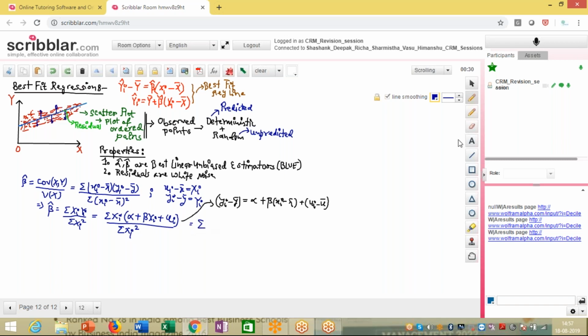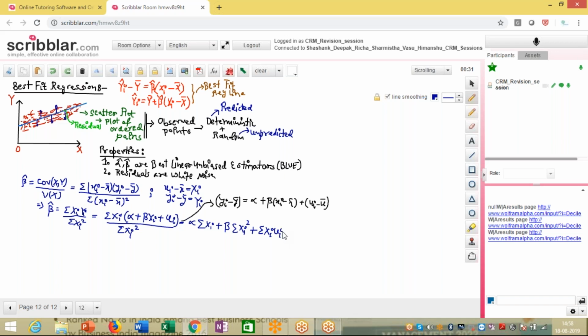So this will become summation xi plus beta summation xi square plus summation xi ui.